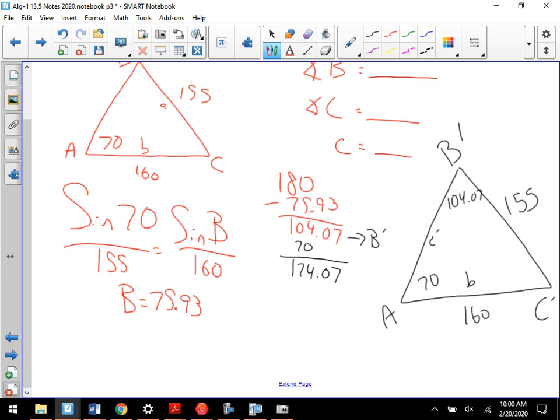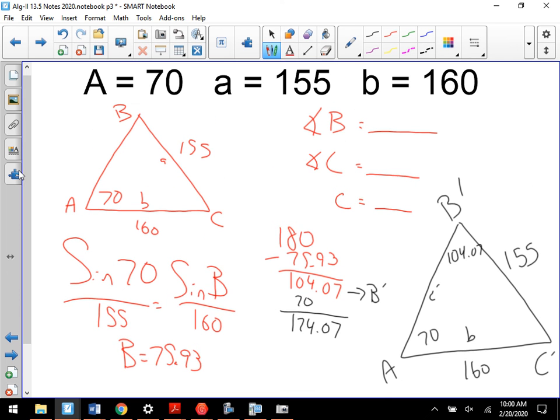Whenever you do this, you reuse the values that you're given with the other triangle. This value is still here, and this value is just over here now because of the way the angles shift themselves. Obviously, it's not drawn this way.